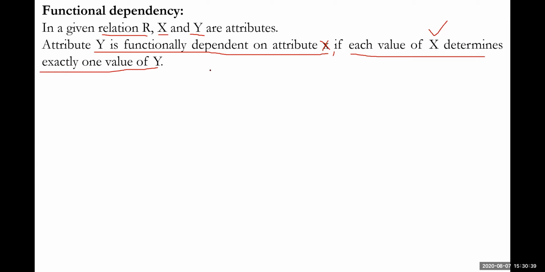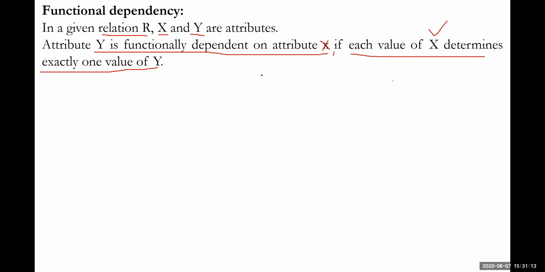If you give your account number, you get complete information of your entity, your account details and account status, whatever columns are available within that bank detail system. On account number, all other columns are dependent. So all other columns are functionally dependent on account number.